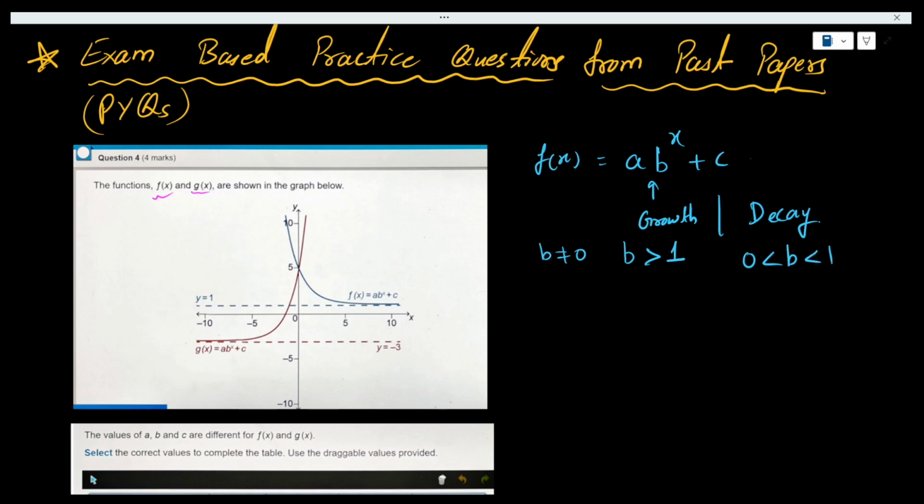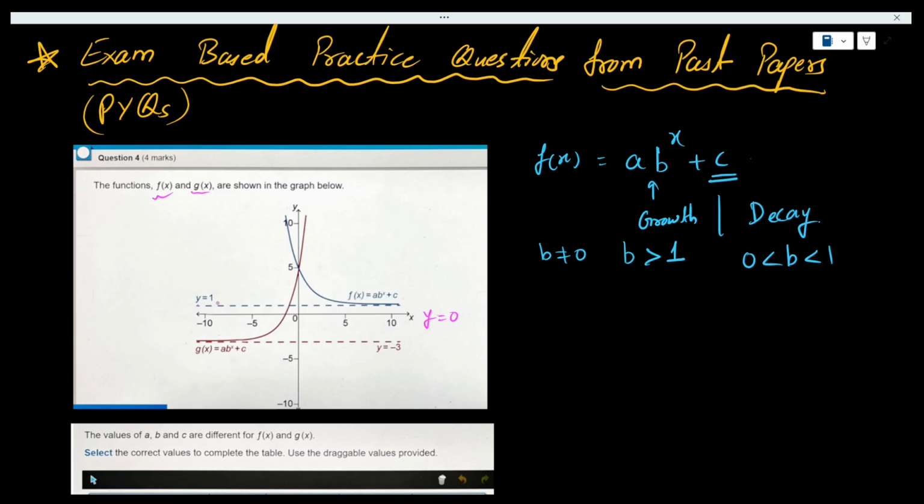We have already discussed that c always represents the horizontal asymptote, which is the vertical translation from the original asymptote. For a b to the power x, the original asymptote is y equals 0. So first look at the f(x) graph, which is representing exponential decrease.